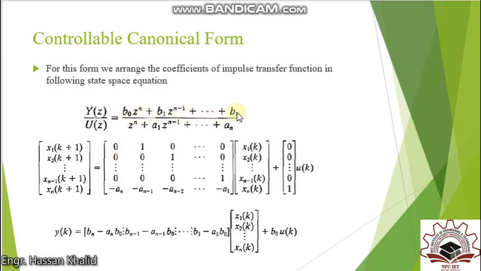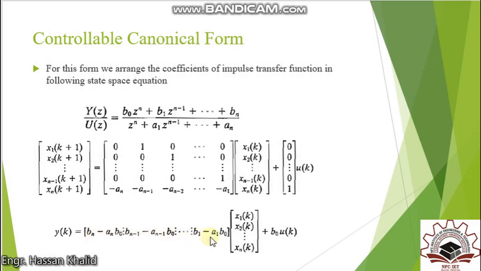Now if you look at the numerator of this pulse transfer function, where the coefficients are b0, b1 till bn, you can easily write the output matrix, which was C in the continuous domain and C in the discrete domain as well.